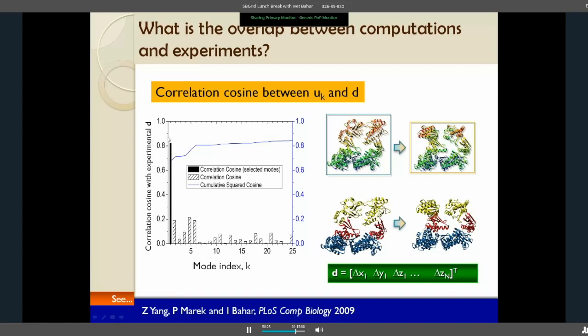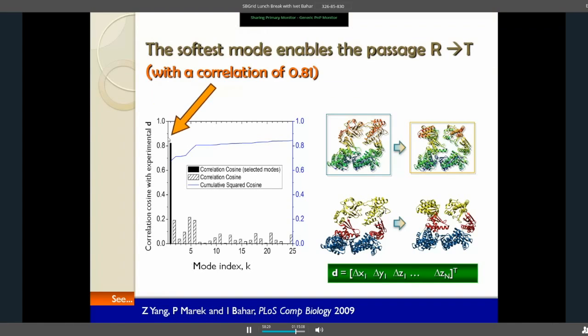Essentially, what is experimentally observed between the T and R states of GroEL is nothing else than the rearrangement of the entire molecule along the intrinsically encoded easiest, softest mode of motion predicted by ANM. So that is one way of verifying that those modes are meaningful.